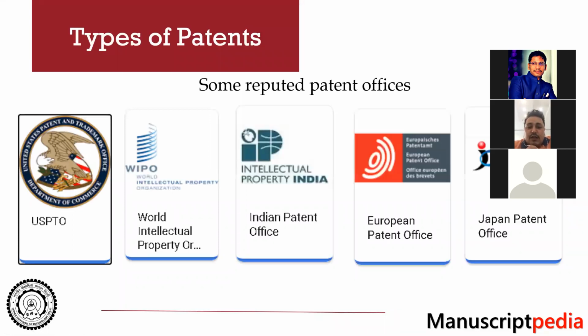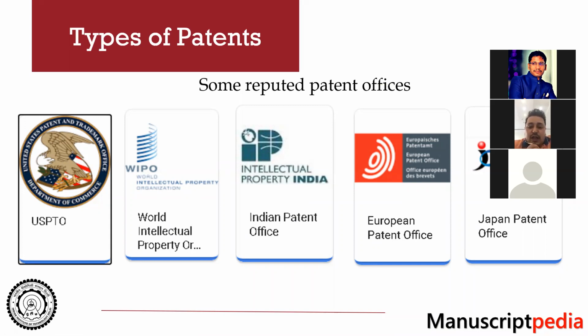There are some reputed patent offices around the world where patents are filed. On the left-hand side is the US patent office, which is very well known, and many patents are already filed there. We can always check and look at all the areas in which you are looking to file a patent, using their own services.